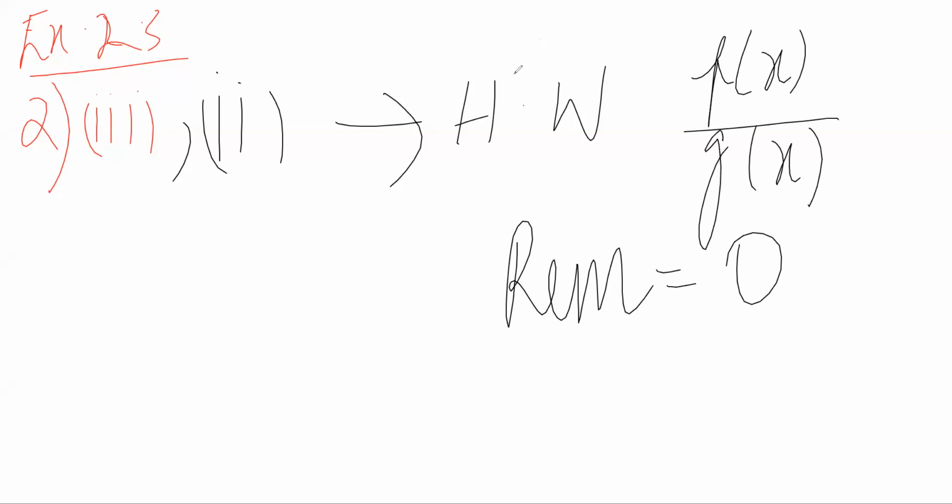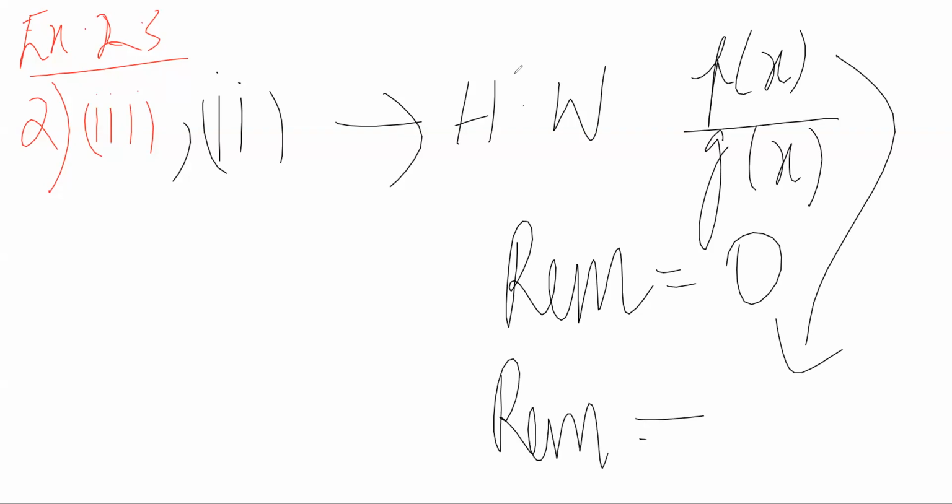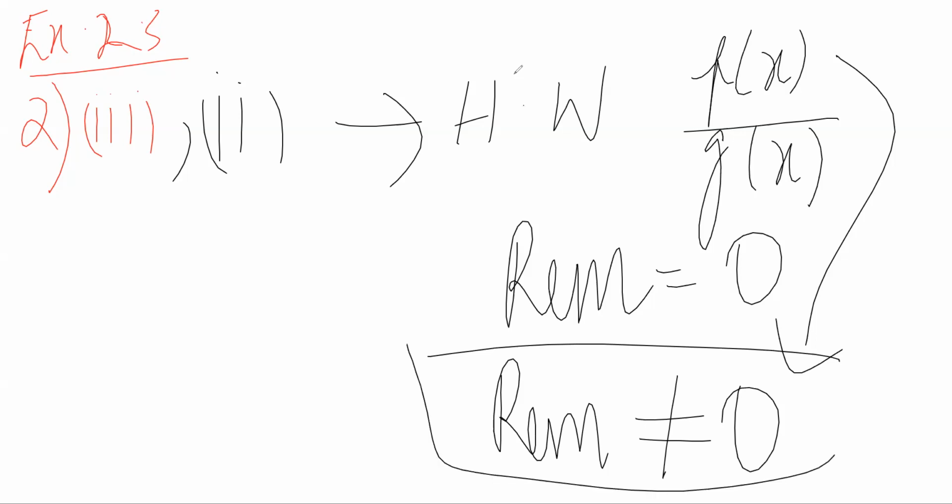If you get remainder not equal to 0, then in this case, p of x is not a factor of g of x. That's it. You must complete the problem by writing.